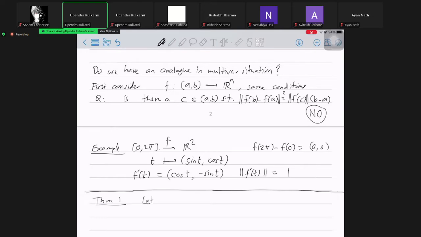Let f be a continuous function on a closed interval, continuous, and f prime c exists for all c in the open interval.